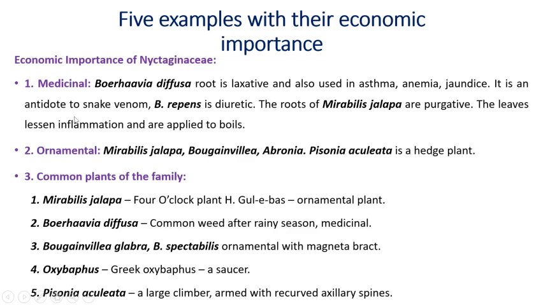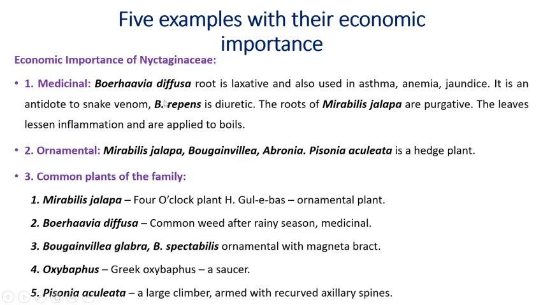It is an antidote to snake bite. Boerhavia repens, another species, is diuretic. Then the roots of Mirabilis jalapa are purgative, and the leaves lessen inflammation and are applied to boils. Now these are some medicinal uses of these 3 plants.